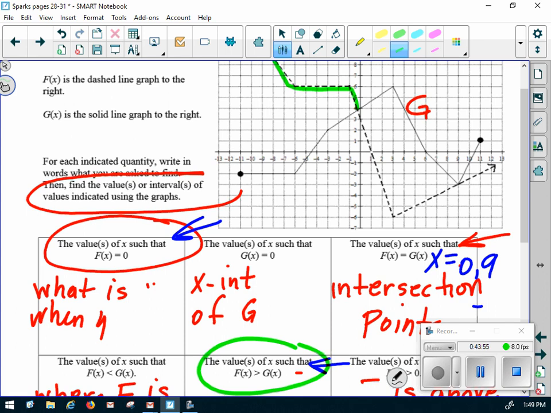If you remember, we had a question like that earlier, and it said you can only compare the two graphs where they both exist. You notice that g stops right here? We cannot compare them after that because g doesn't exist. Does that help? Okay.